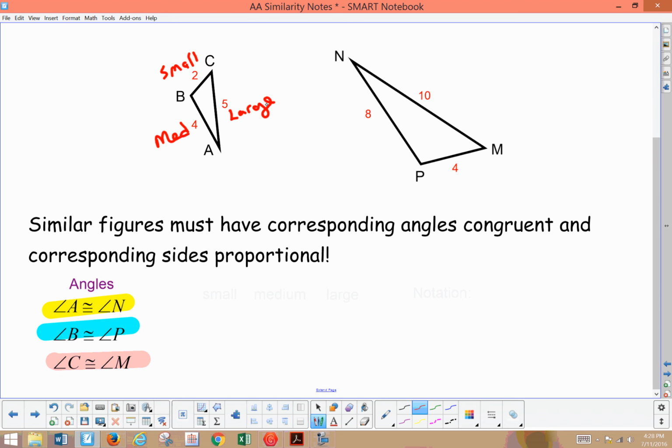Now I am basing that solely on their lengths. When I take a look at the second figure, I see that it also has 3 sides. So I'm going to label it small. The small side is the 4. The medium side would be the 8.